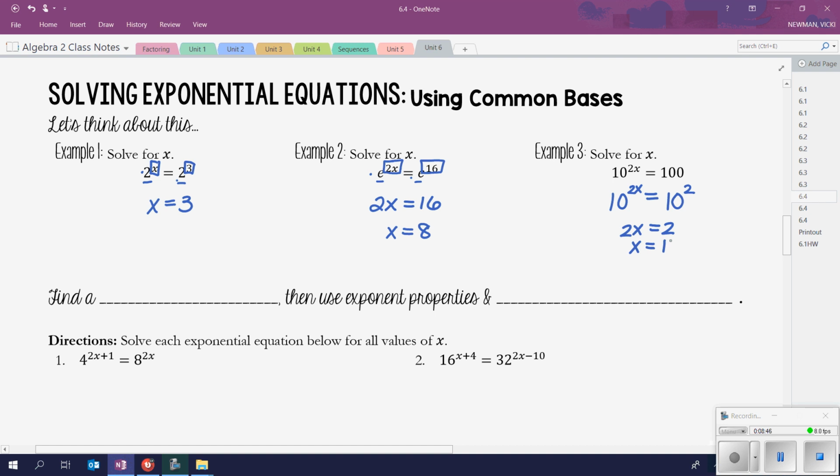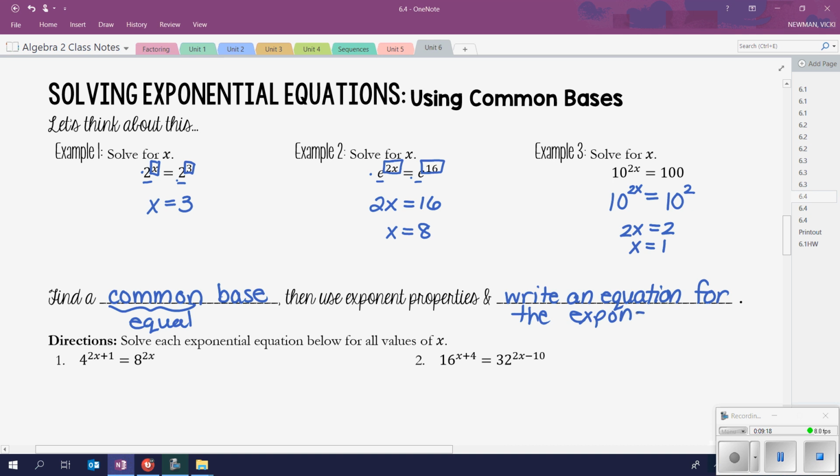Yeah? So in order to solve an exponential equation, we want to find what we call a common base, or equal base. Then use exponent properties and write an equation for the exponents.